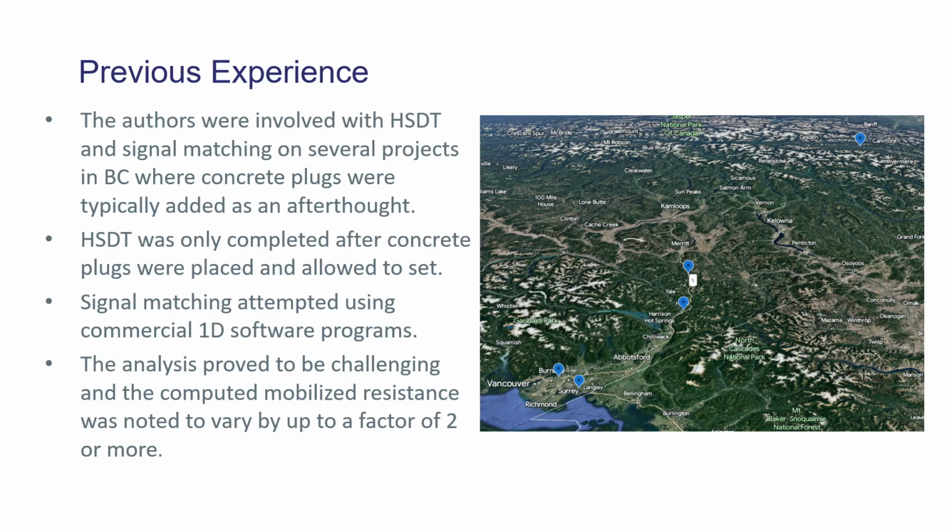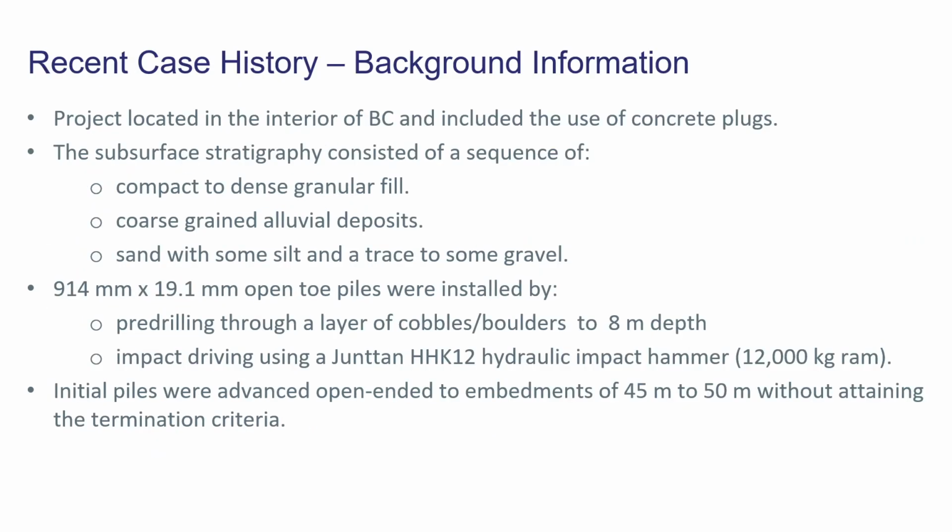If it was steel and we were driving a pile where we had that additional wall thickness, we could input that into our model, because it's an actual known. But with the concrete plug, we don't know, right?